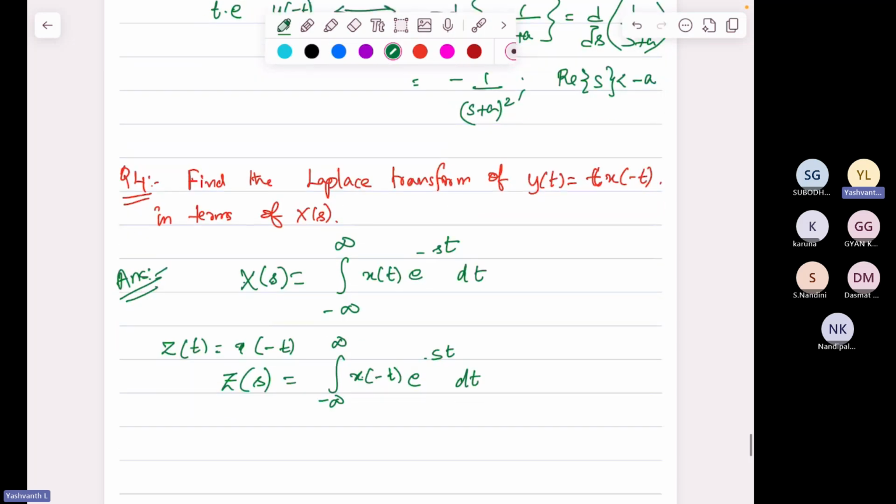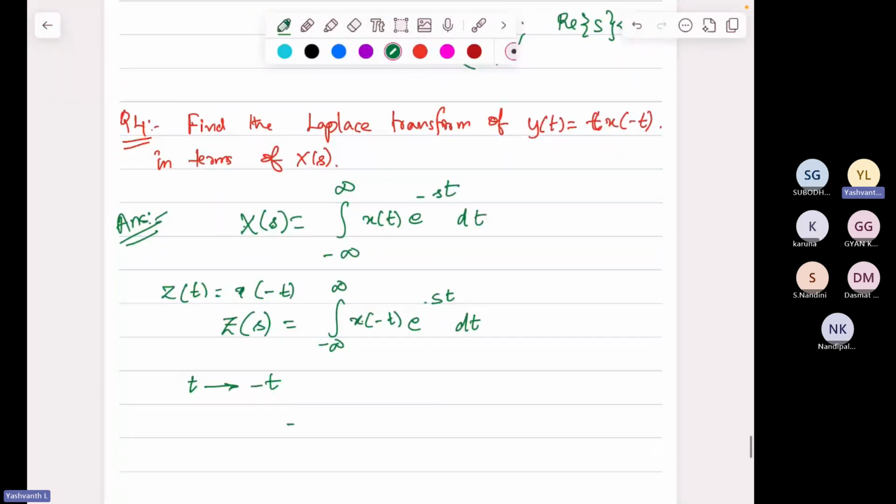Now you do a variable substitution, t replaced by minus t. Therefore, minus infinity will become plus infinity, and dt will become minus dt, so there will be a minus outside because of the change in sign.